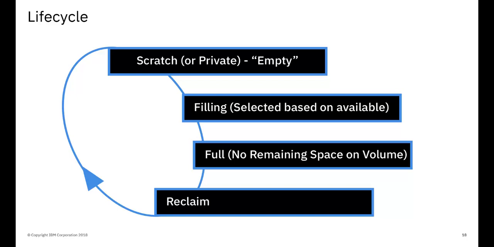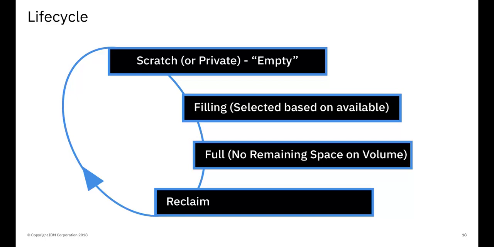Over time, data that was written to that tape will expire, perhaps because Spectrum Protect no longer needs that specific version of a file, perhaps because that archive data has expired off. Regardless, you'll end up with these dead spaces on the tape, a space that no longer has valid data on it, but space that we cannot rewrite to.